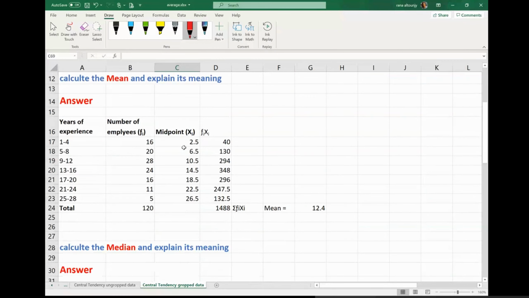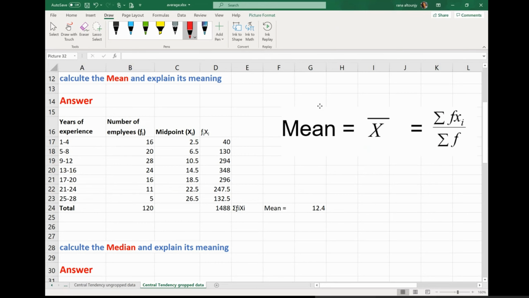First, we have been asked to calculate the midpoint. To calculate our mean, based on the equation we learned, the mean is as follows. Let me bring you the equation to see what we have to calculate. Okay, here is the equation.